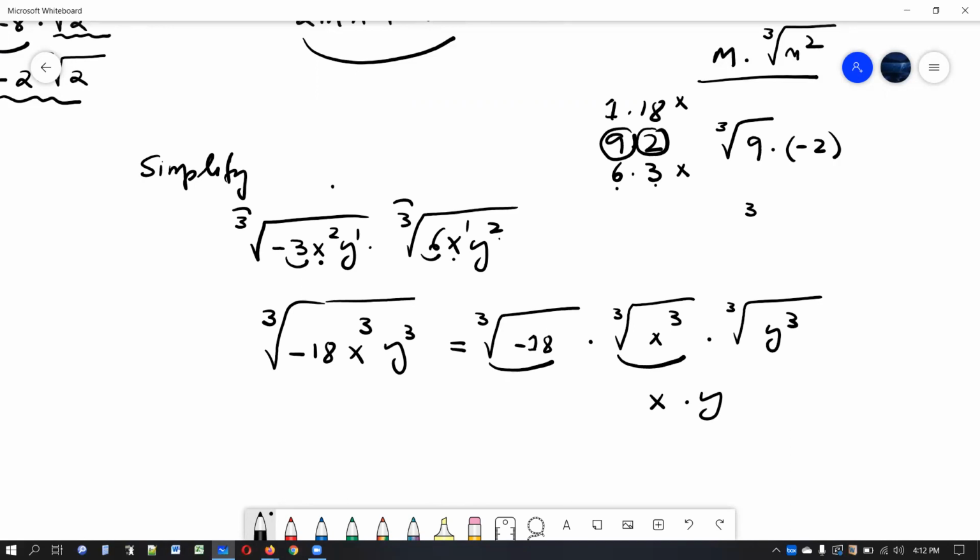And 2 times 9, that's 18. But the cubic root of 9 is not 3, right? It would work if I had this: cubic root of 8. Yes, this is 2. This doesn't work. Okay? So we have a real problem with this thing here. This doesn't really go anywhere.